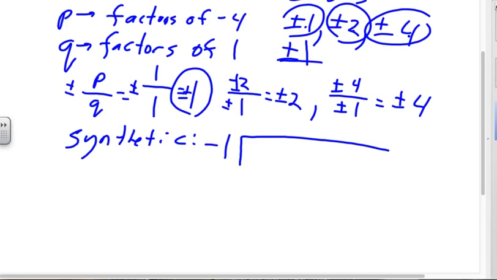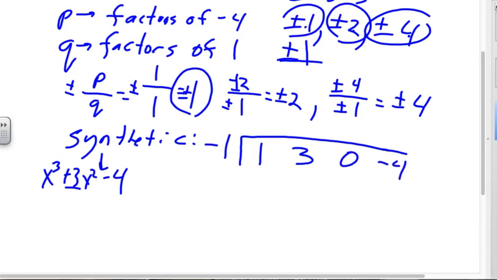If you remember, our polynomial was x cubed plus 3x squared minus 4. You notice I'm missing my x term. So I'm going to have 1, 3, which is the coefficient of this one, 0, which is my x term, and minus 4.